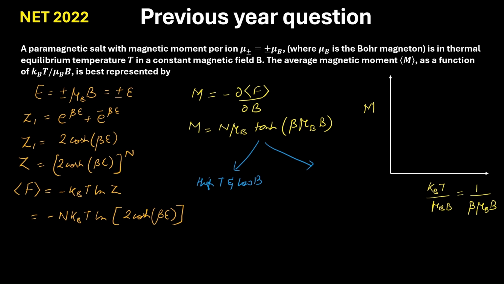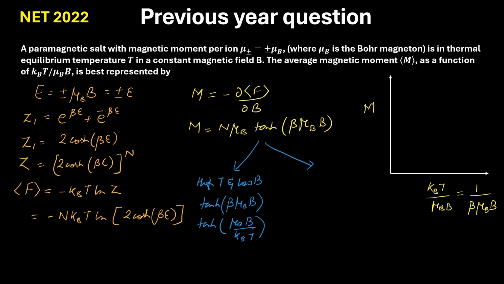In that case, the argument of this tanh, beta mu_B B, which I can rewrite as mu_B B divided by kBT, is very much less than 1.